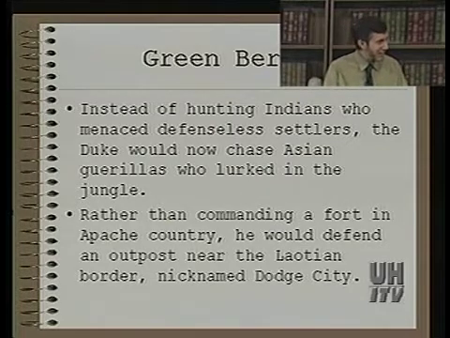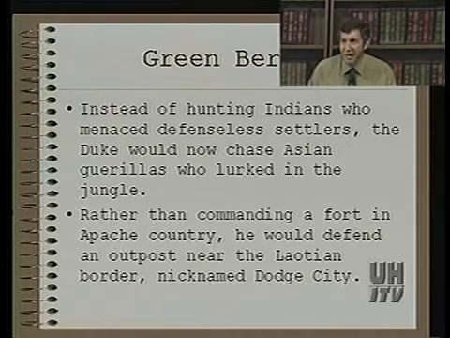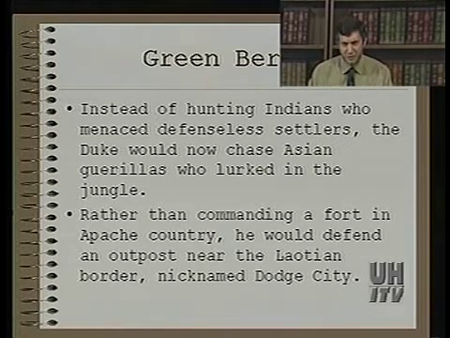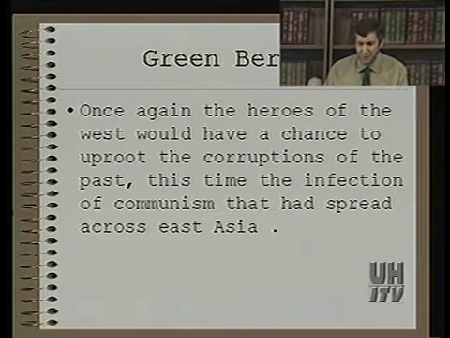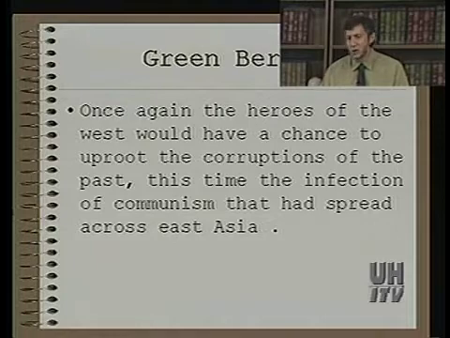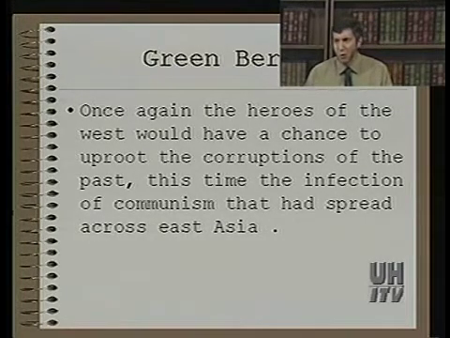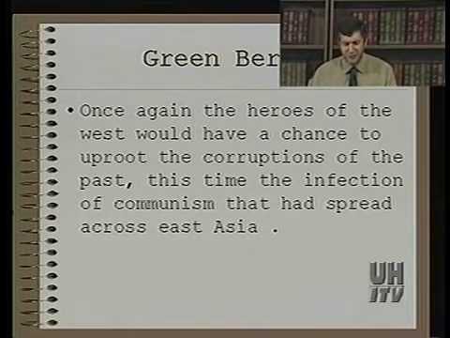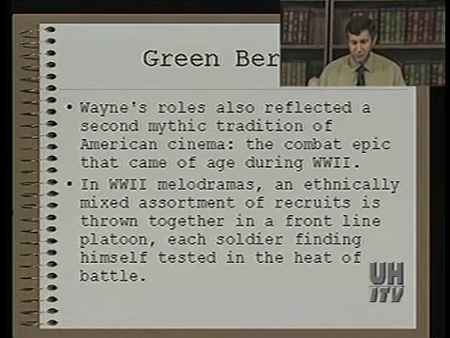In other words, you can't miss the parallels because John Wayne is self-consciously constructing them. Once again, the heroes of the West would have a chance to uproot the corruptions of the past. This time, they're going to uproot the infection of communism spreading across Asia.